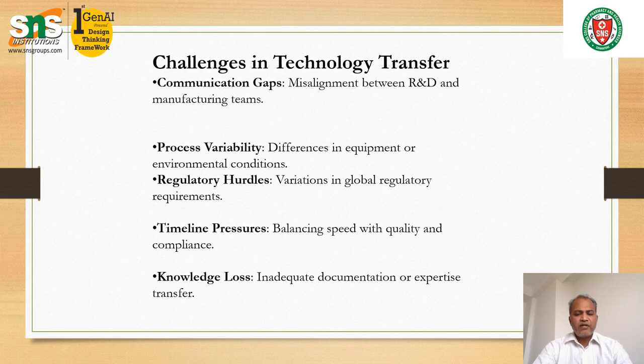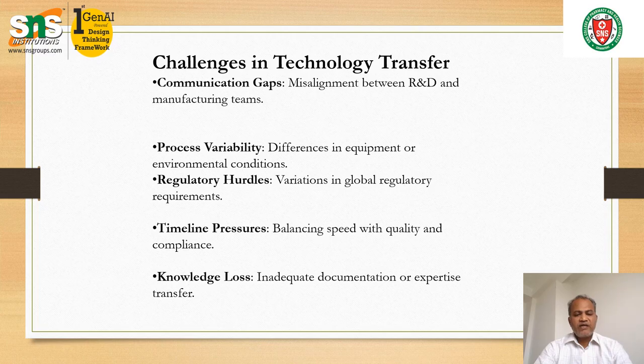If a particular unit faces these communication gaps between the R&D and manufacturing teams, it leads to the disaster. What they derived from the R&D research and development unit, that should be completely followed by the manufacturing teams, vice versa. So mutual discussion between the R&D and manufacturing team is an essential role.